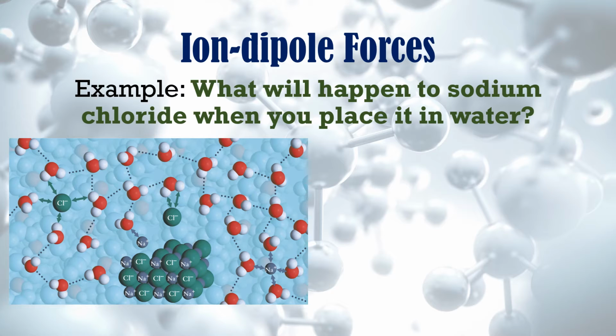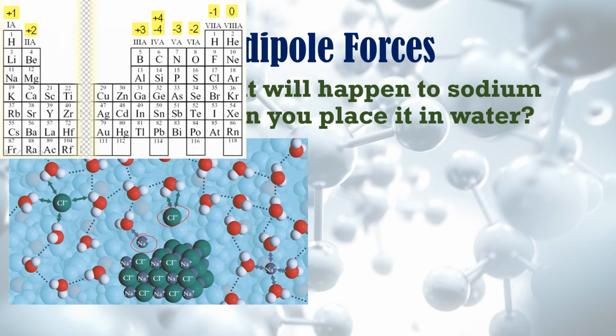So again, when salt is dissolved in water, the sodium chloride will immediately dissociate into two separate ions, the sodium and the chloride. So where is the ion-dipole force in here? So we just simply put the first ion, which is the sodium, which is positive.